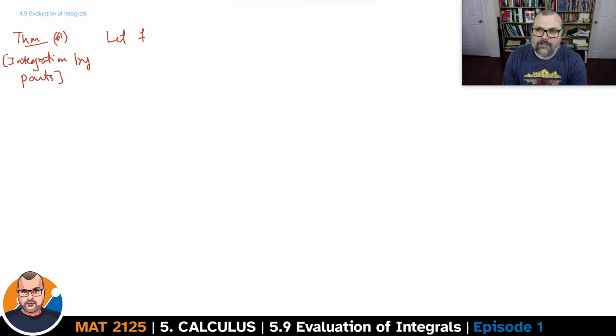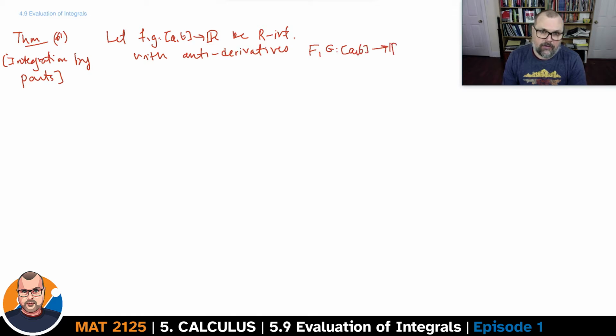Let f and g be 2 integrable functions on the interval [a,b], with antiderivatives capital F, capital G. Obviously, capital F refers to the antiderivative of f, and capital G refers to the antiderivative of g.